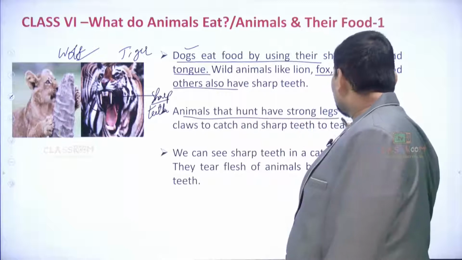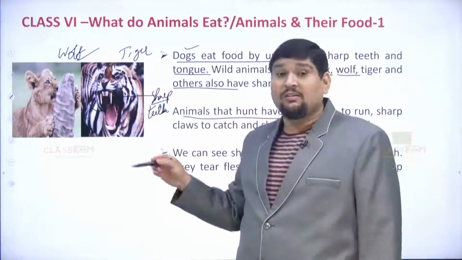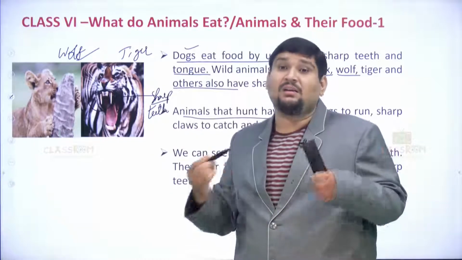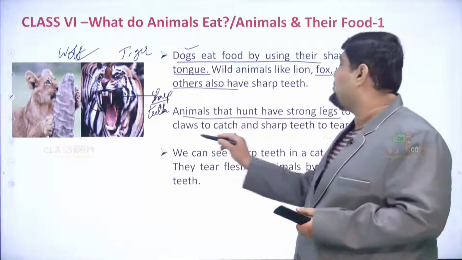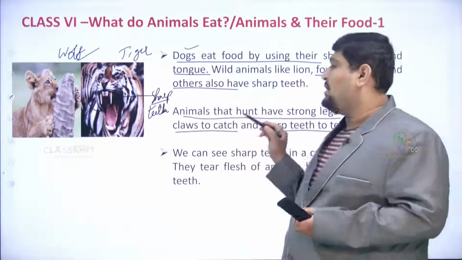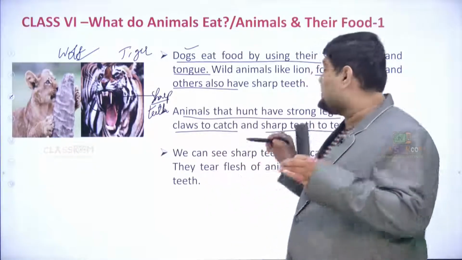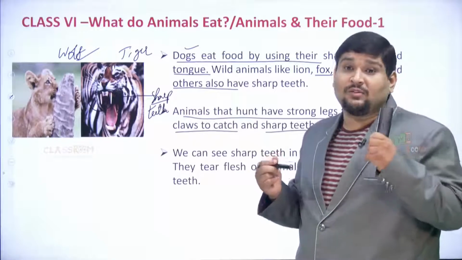Then animals that hunt have strong legs to run, sharp claws to catch and sharp teeth to tear flesh. So you can find the different parts. The first one is that they have strong legs to run. Their legs should be very strong.